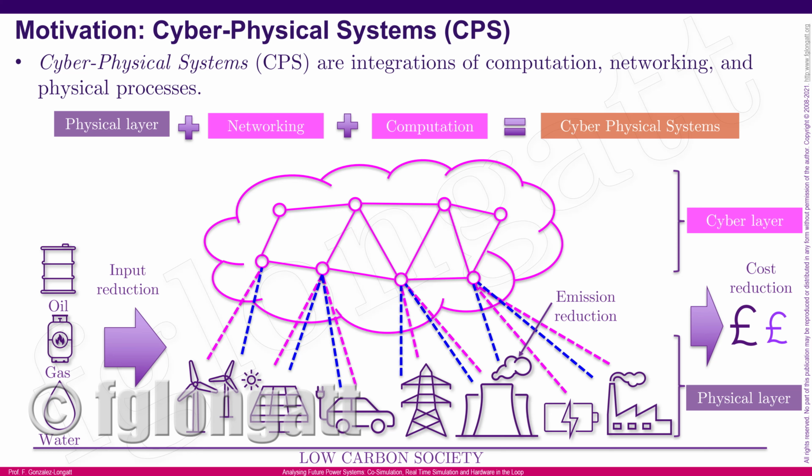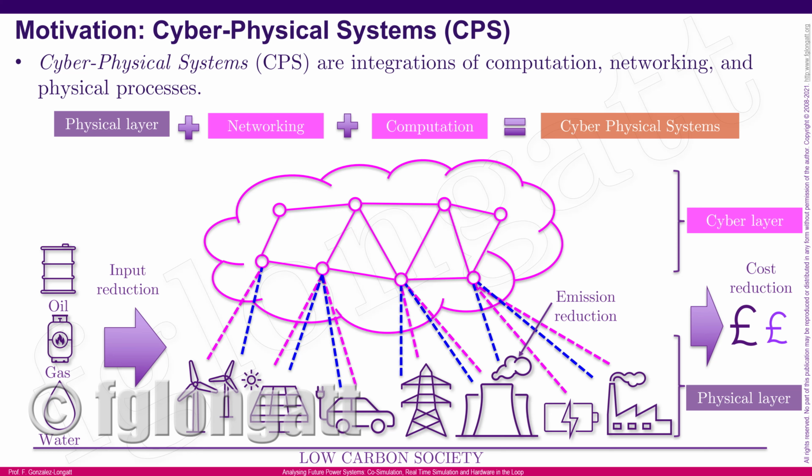But we also have two very important layers right now. One of them is networking: we have a lot of very fast, low-latency digital communications. And we also have a lot of new technologies coming from computer science, like artificial intelligence, machine learning, and so on.